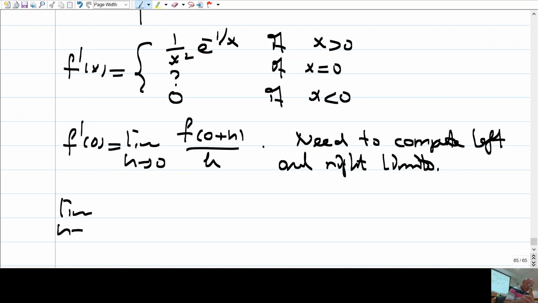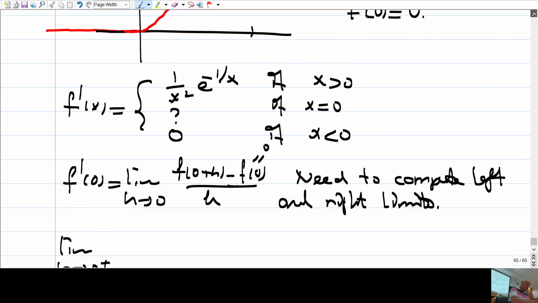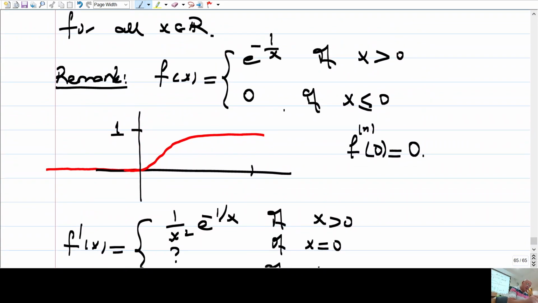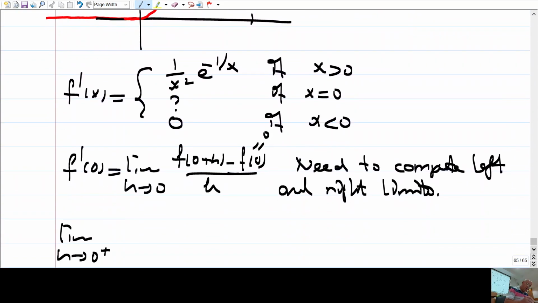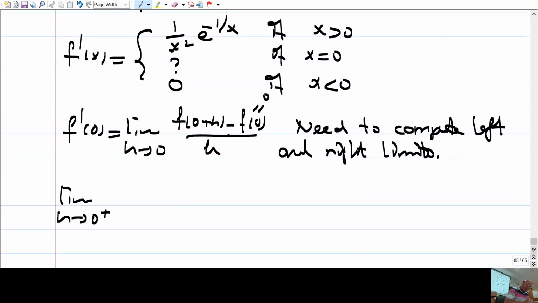Limit as h goes to 0 from right. But f of 0 is just 0, by definition. So I get just f of h divided by h.